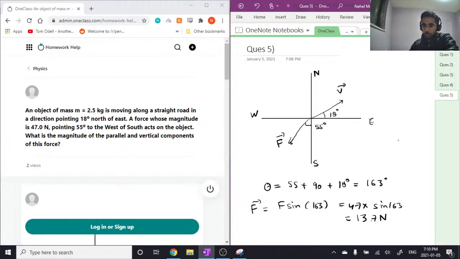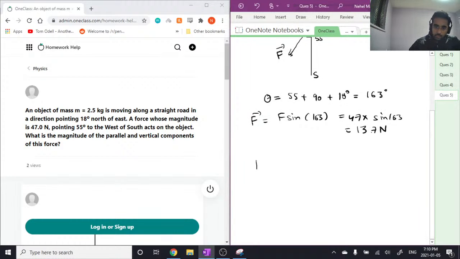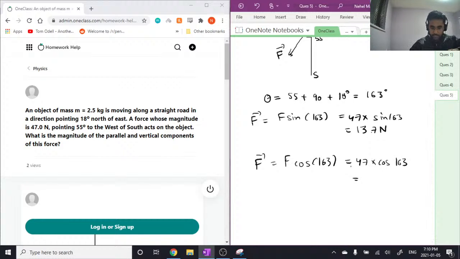And the other component would be F cos 163, which is equal to 47 times cosine of 163, which is equal to negative 44.9.